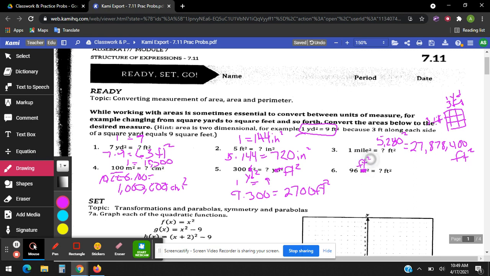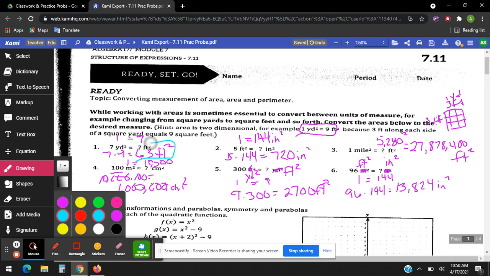They did a typo because we're trying to convert from the bigger to the smaller. So inches squared. So we said it was 144. Let's go backwards. 1 foot equals 144 inches squared. So 96 times 144 equals 13,824 inches squared. So these are our final answers here.